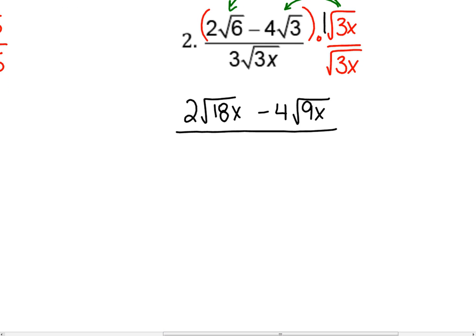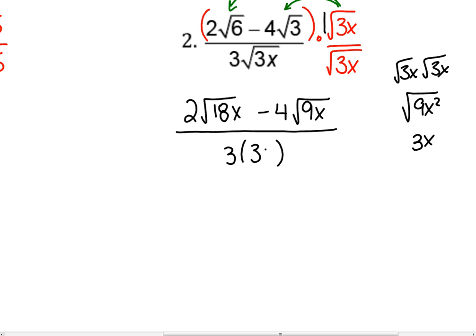Divided by, okay, the coefficient of 3 is going to stay there. 3 times what? What's root 3x times root 3x? Square root of 9x. You could write it as square root 9x squared, or how else can you write that? Just 3x, right? When we multiply two radicals that are identical, or monomials, the square root's gone.